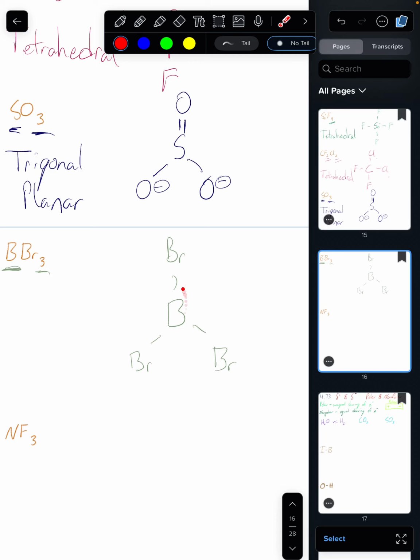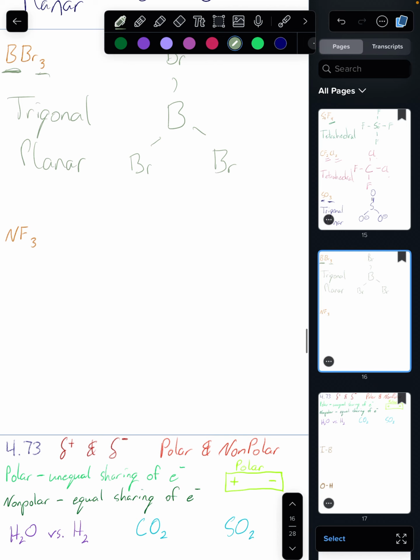However, we can see that that boron is only going to be connected to 3 things. Doesn't matter if it has a double bond, a triple bond, whatever. It's only connected to those 3 things. So we know we're going to have trigonal planar.